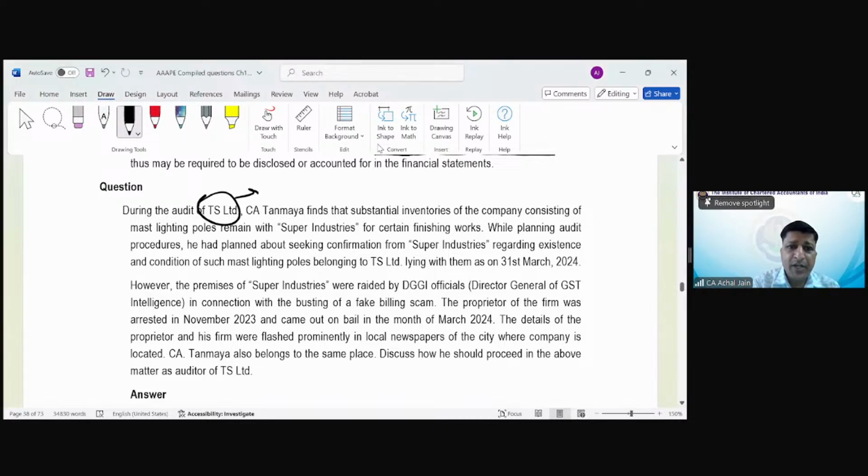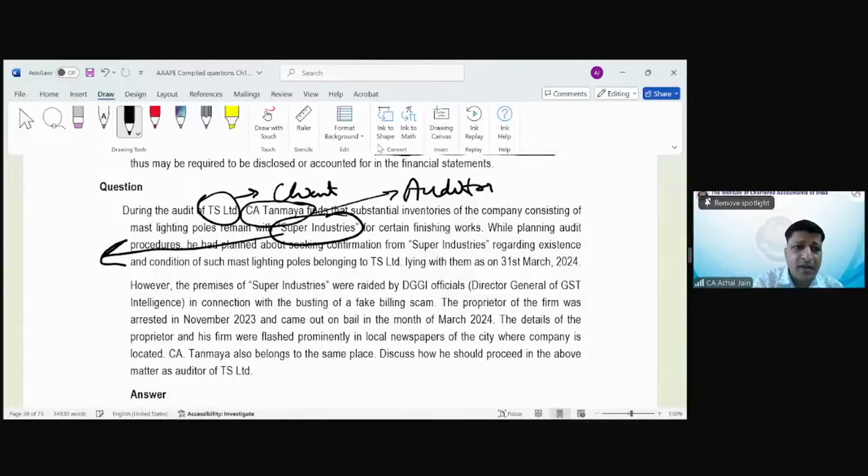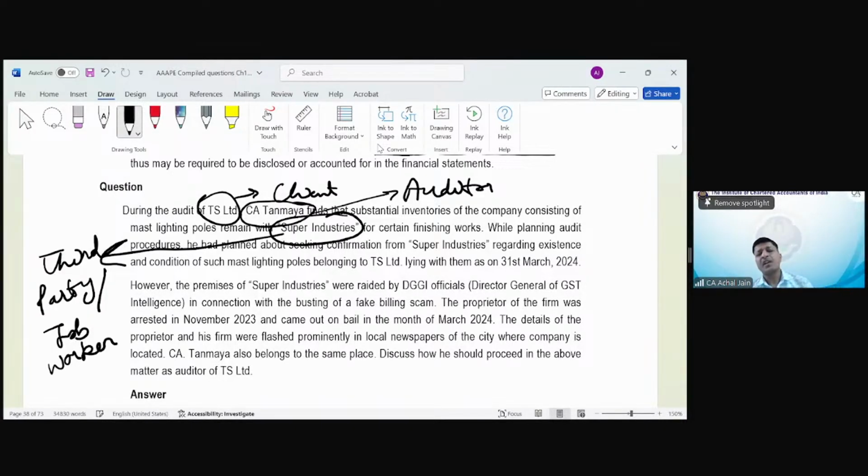So let me just put it down. So this is the client. This is the auditor. And this you can say is the third party, the job work party.